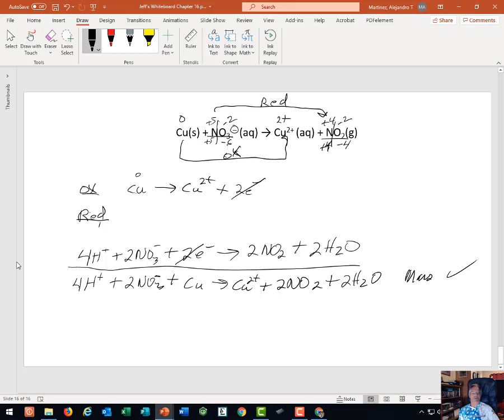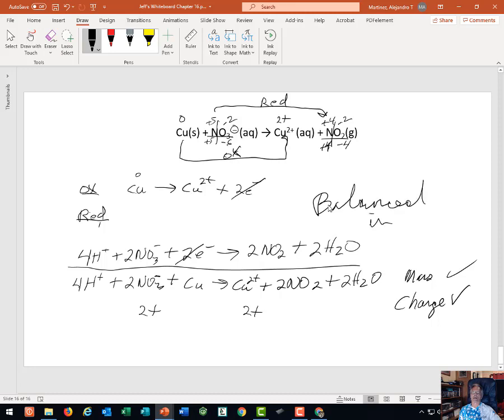We've got a 4 plus and a 2 minus, which gives us a net 2 plus charge on the reactant side, and I have a copper 2 plus and 2 neutral molecules. That's a 2 plus charge on the product side. So charge is balanced.